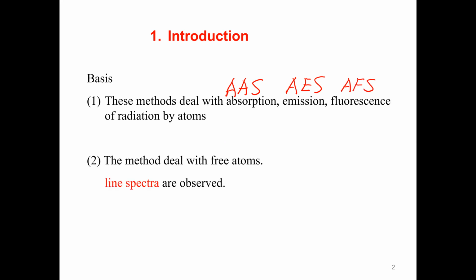Second, this method deals with one by one individual free atoms. That's why we call that atomic spectroscopy, which is different from molecular spectroscopy. In molecular spectroscopy, as we learned before, you got a broad band.